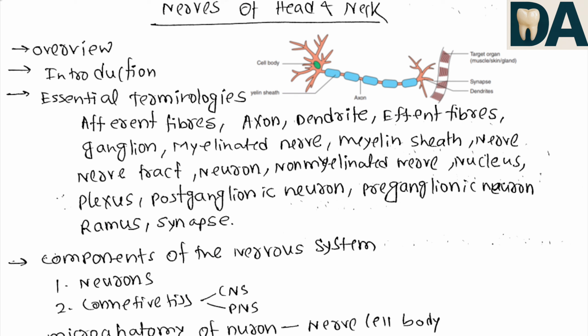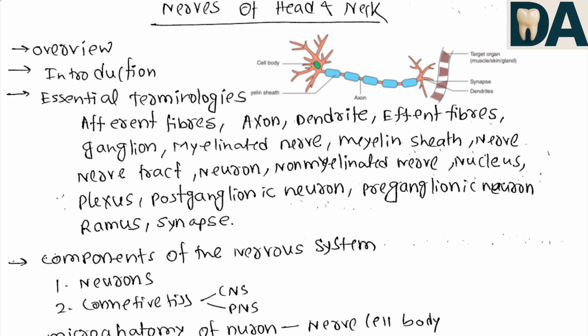Nucleus. A group of neuronal cell bodies sharing the same function located within the central nervous system. Plexus. A group of interconnected nerves or branches, or a network of nerves, is called a plexus.